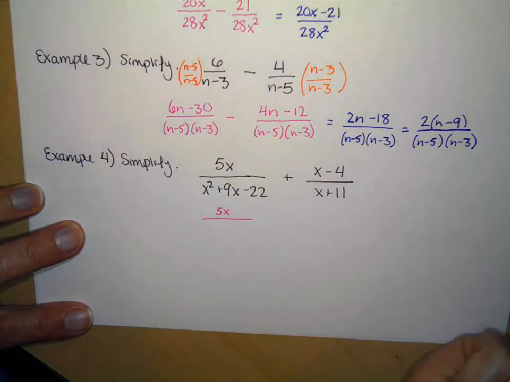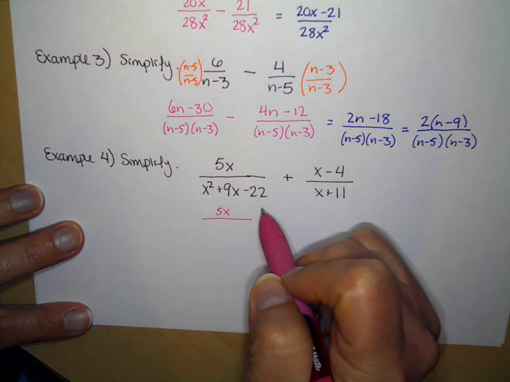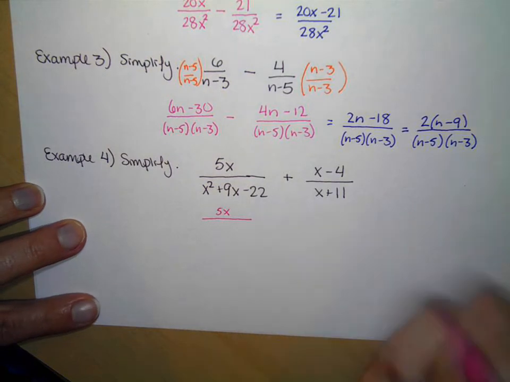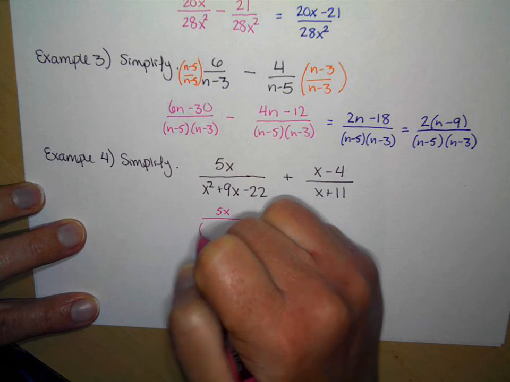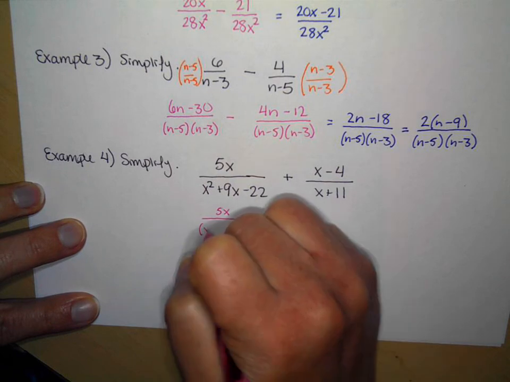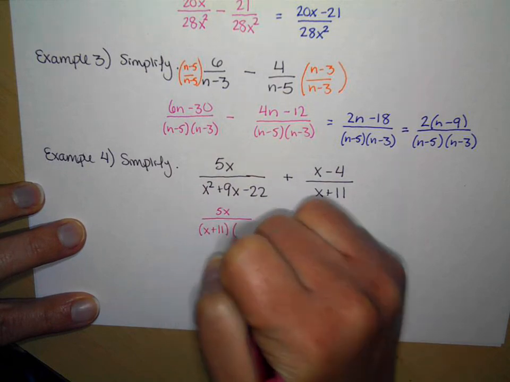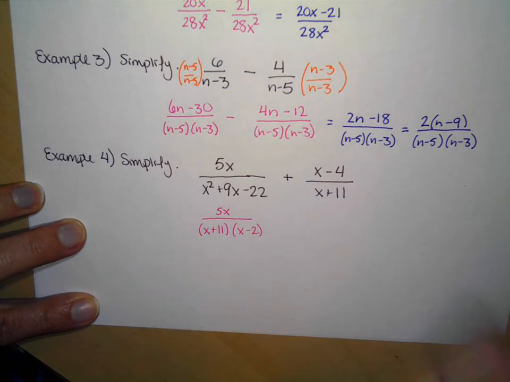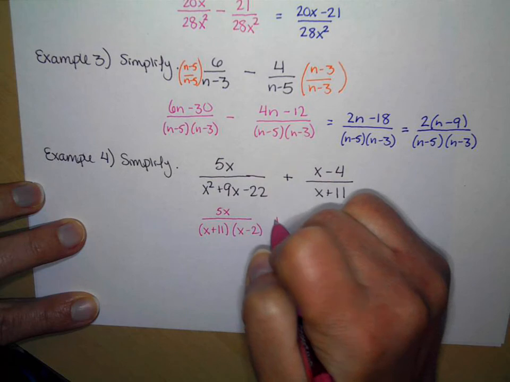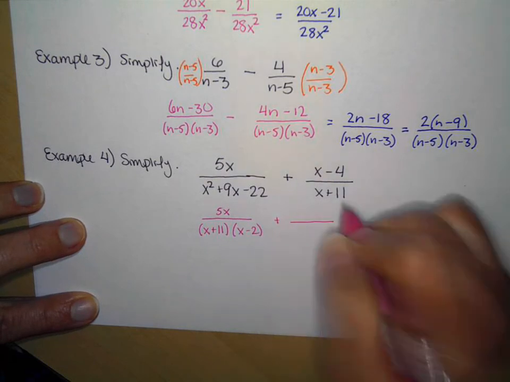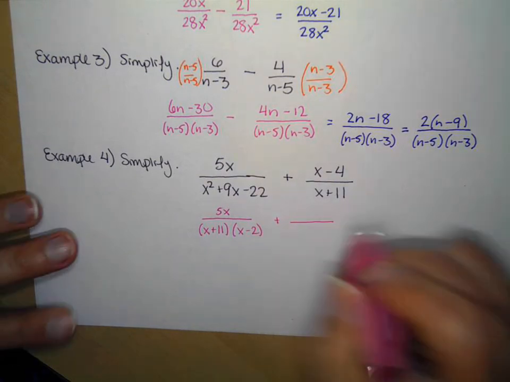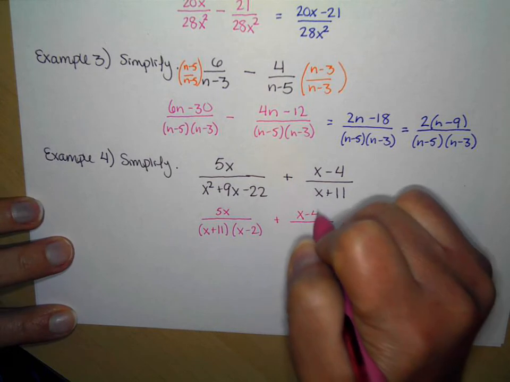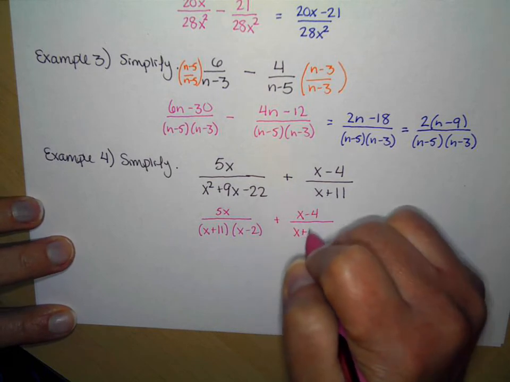So the pair of numbers that multiplies to give negative 22 and adds to give positive 9 is positive 11 and negative 2. So our factors are x plus 11 and x minus 2. Our second fraction, that denominator can't be factored, so we're going to leave it alone for right now. x minus 4 over x plus 11.